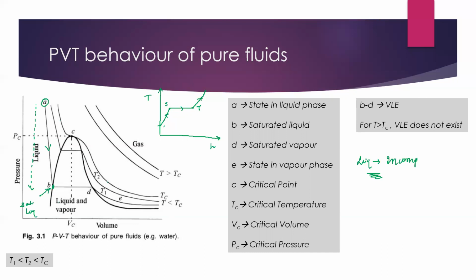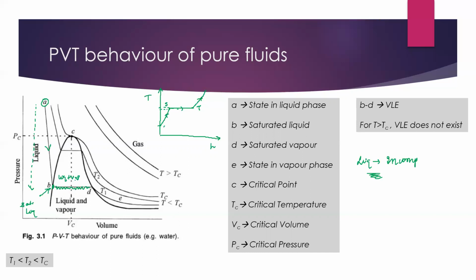Over here, my temperature is kept constant, pressure is varying. But as you can see, even in the temperature enthalpy diagram, when vapor and liquid are both in equilibrium, both pressure and temperature are constant. So over here as well, although temperature is already constant, we have kept pressure constant as well from B to D. So in B to D, the state is liquid plus vapor.